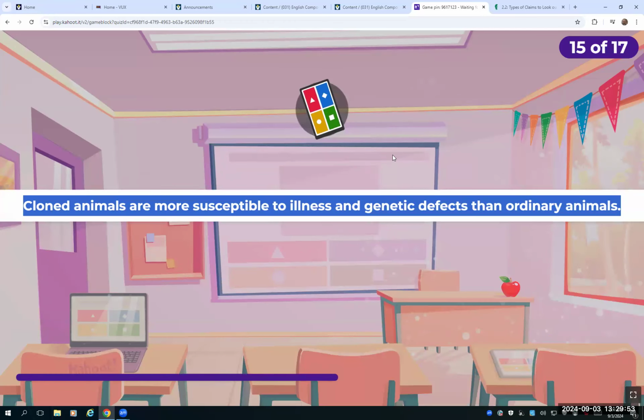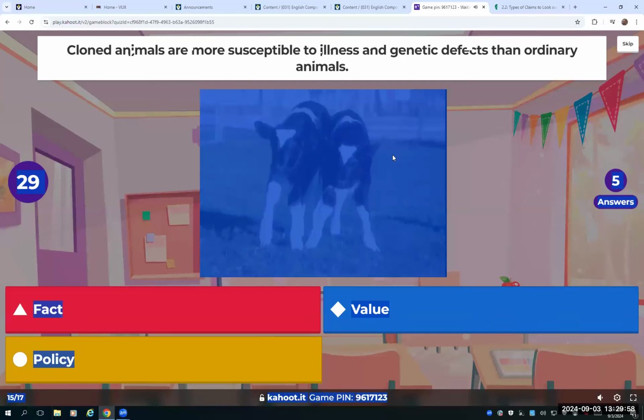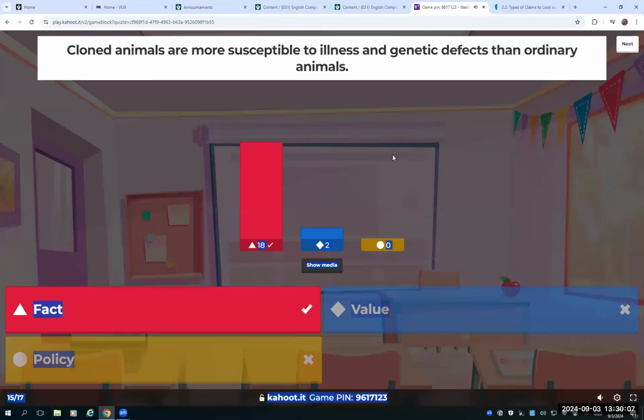Next, cloned animals are more susceptible to illness and genetic defects than ordinary animals. Claim of fact. Very good. It's presented to us as something that we just accept as true, but what kind of illnesses, what kind of genetic defects? What do we consider an ordinary animal here?